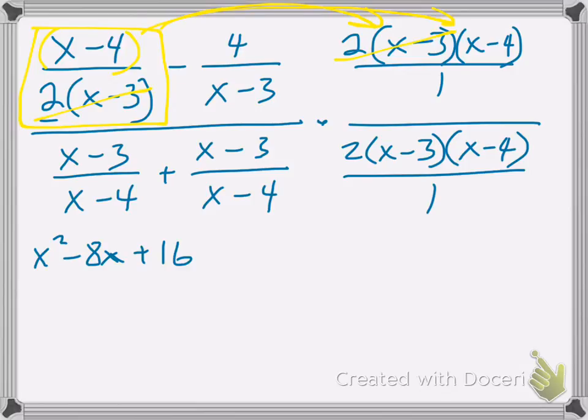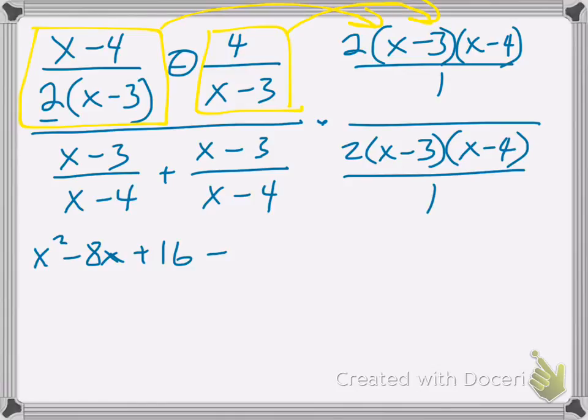Okay? Now, the next term to multiply, we're going to multiply this term by this. I'm going to make sure I go ahead and bring down this negative sign, because that's part of the deal. That's very important, right?